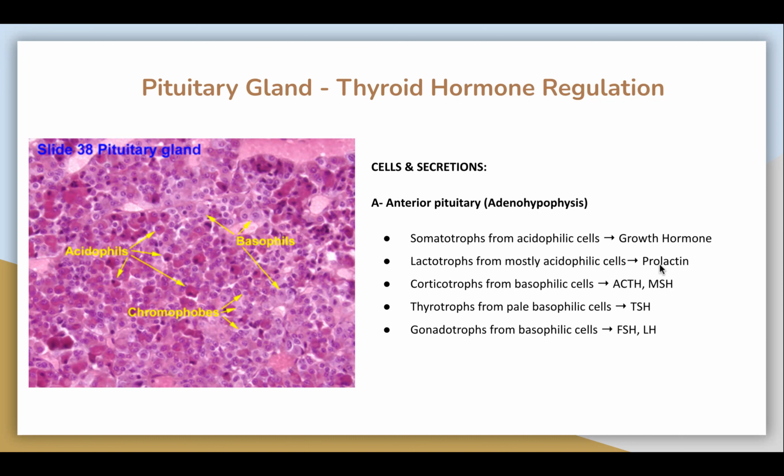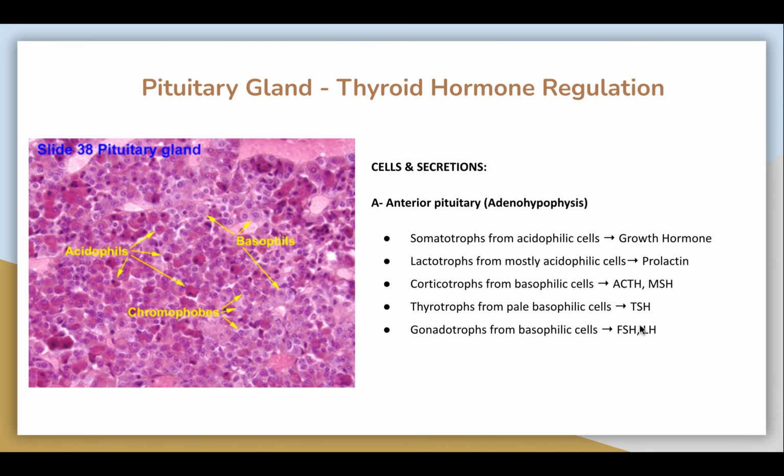Corticotrophs are very important also for the production of cortisol. Melanocyte stimulating hormone is also classified as coming from basophilic cells. Follicle stimulating hormone, for testosterone in males from the testes and estrogen in females, from the pituitary gland is also classified as basophilic cells.